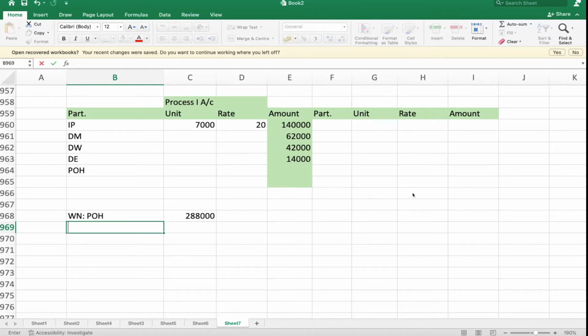Direct wages is the criterion. Am I right? Yes. Good. Direct wages for process 1, how much is process 1's direct wages? 42,000. Similarly, process 2, how much? 54,000.